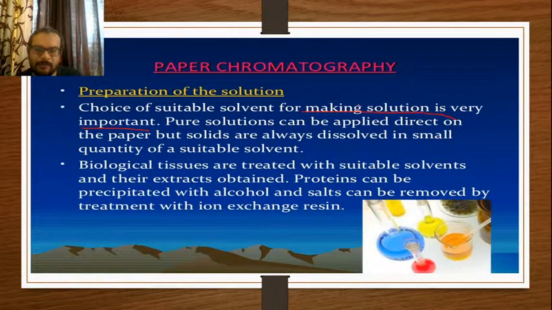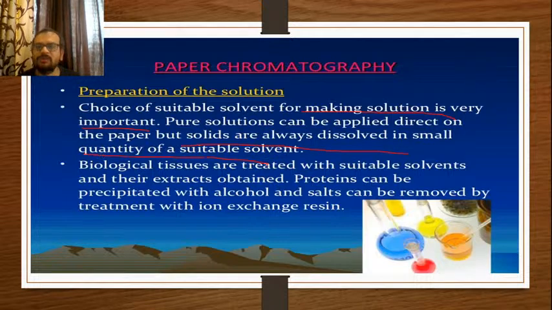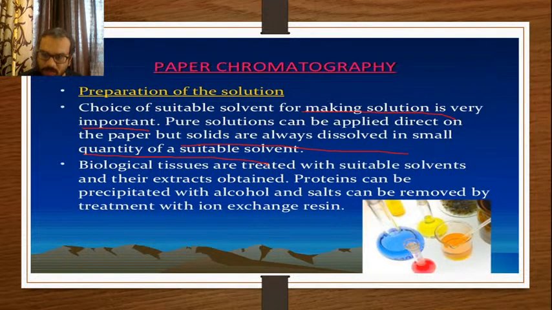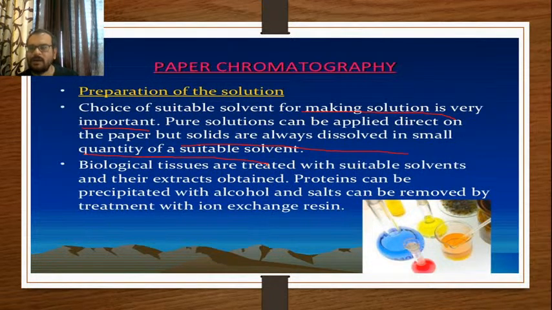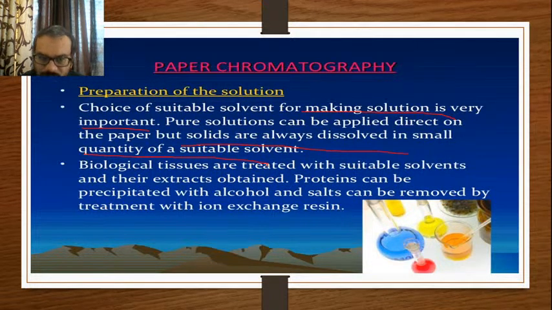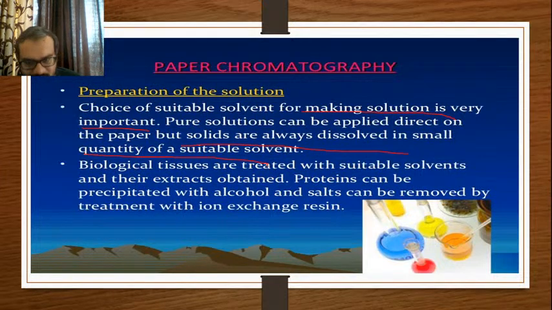Pure solutions can be applied directly to the paper, but solids are always dissolved in a small quantity of a suitable solvent. If you have solid samples, you can easily apply them by dissolving them in a proper amount of solvent. Biological tissues are treated with suitable solvents and their extracts obtained.